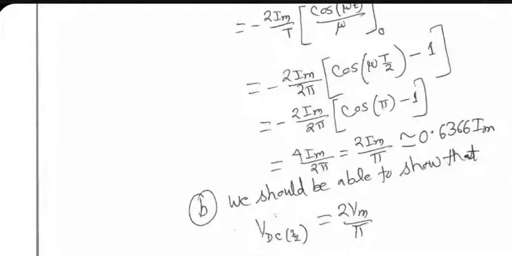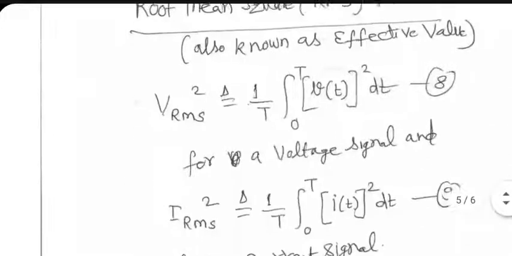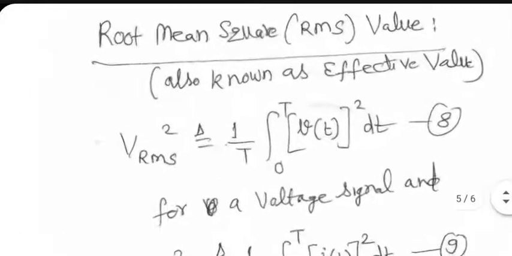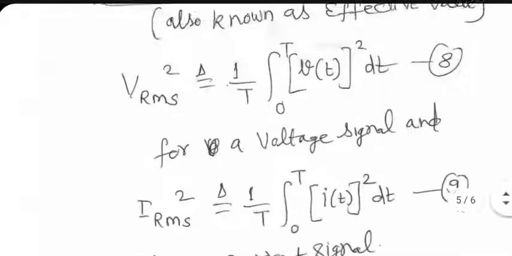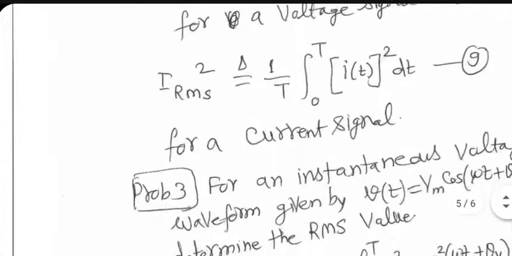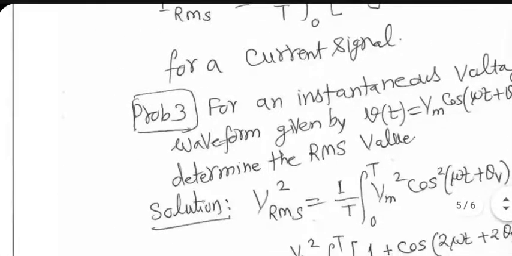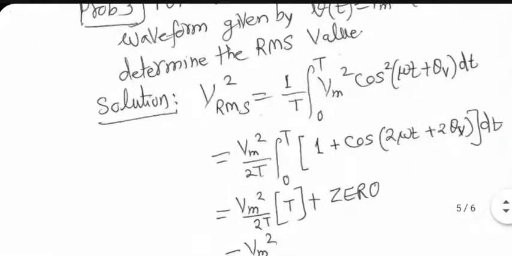For voltages also, similar results would apply. RMS value, you already know. Even for over a full cycle, it will never be 0. That's the way it is defined. Equation 8 tells you the basic definition. And you know that it is 1 upon square root of 2 of the peak value. I've shown that again here, just in case you are not sure.